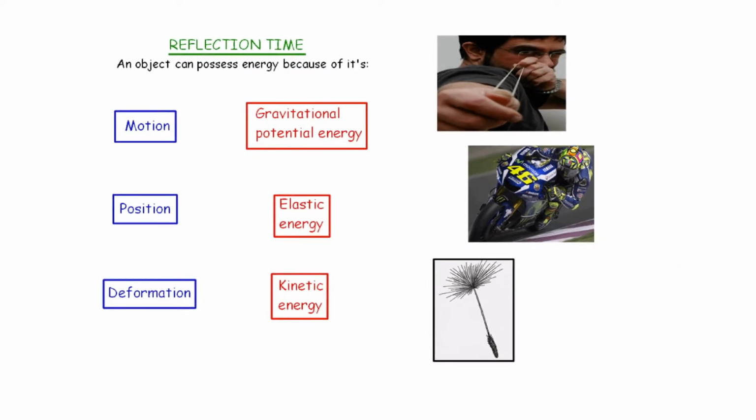So just pause the video, and what I'd like you to do is draw lines between the blue box, the red box and the image. I've completed the first one because the motorbike has got motion and kinetic energy. So you complete the next two.